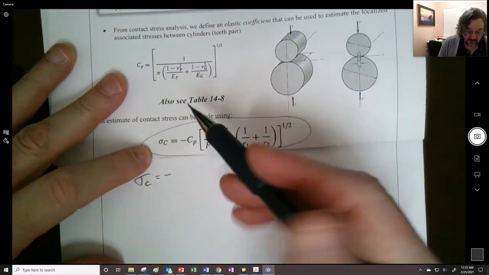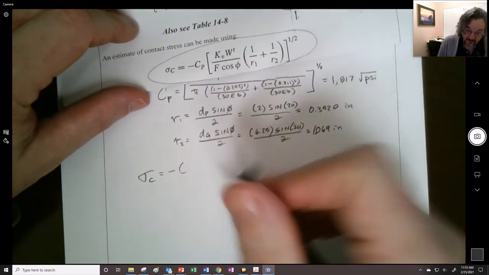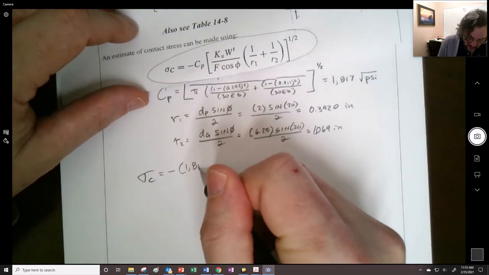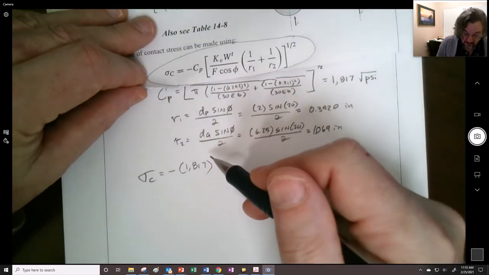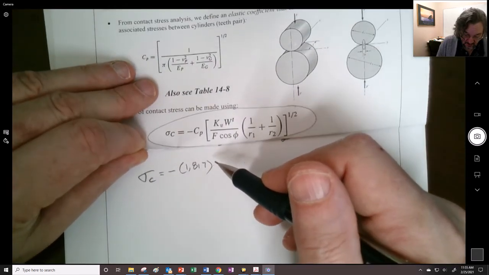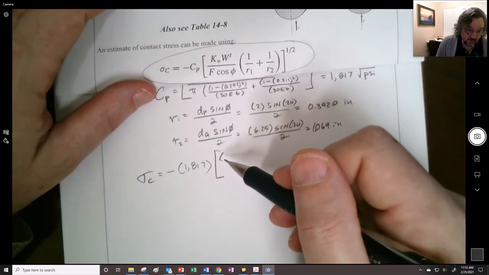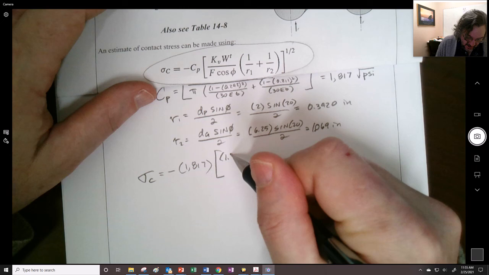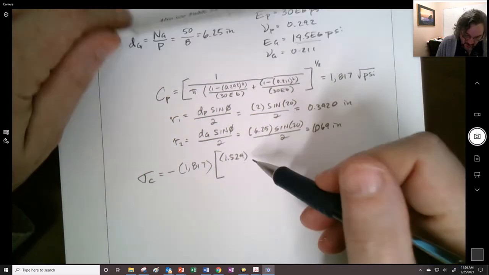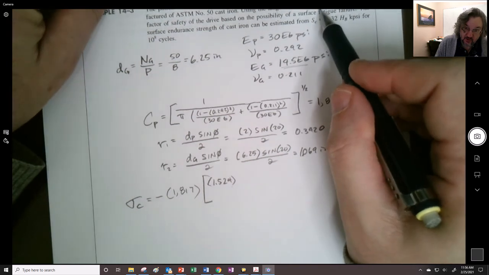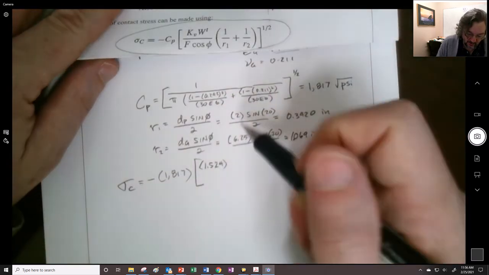Referencing that, we'll take our CP, which we found to be 1817, or we could have just looked it up in the table, and it would have been slightly different, right? And then we have our KV. From our previous example, we get 1.524. They told us to go ahead and use 382, which was from the previous example.